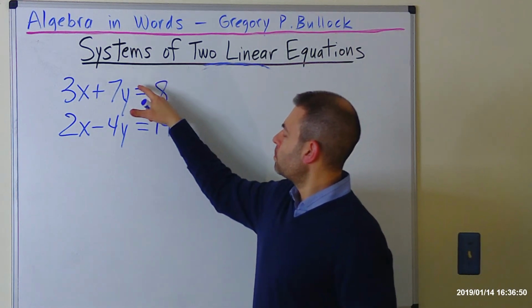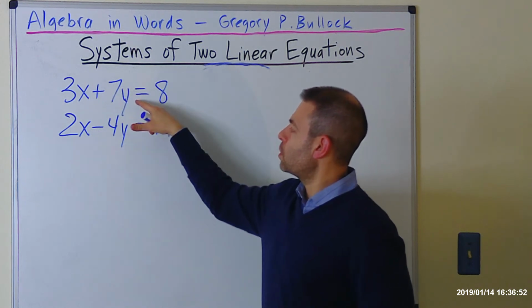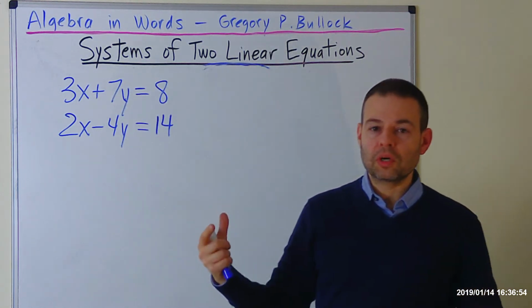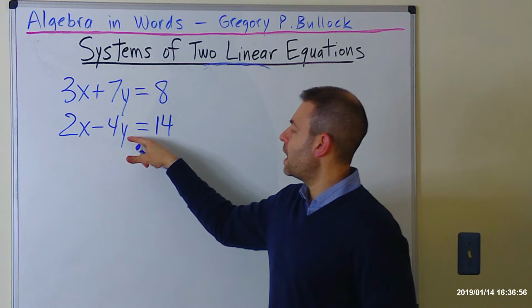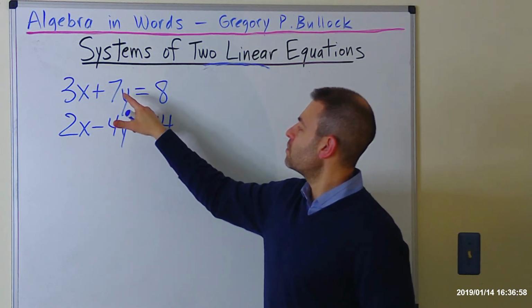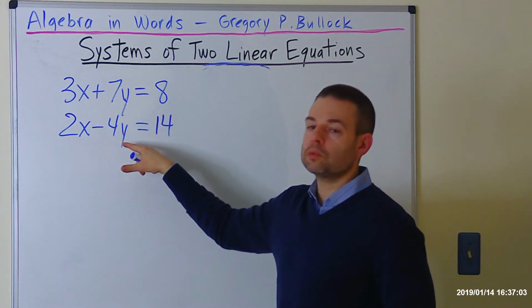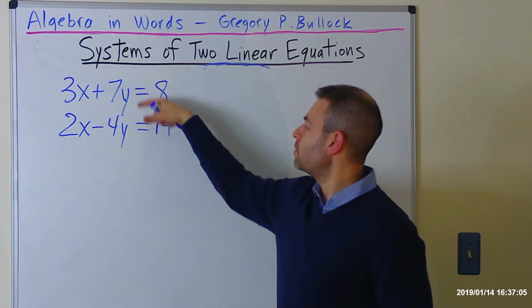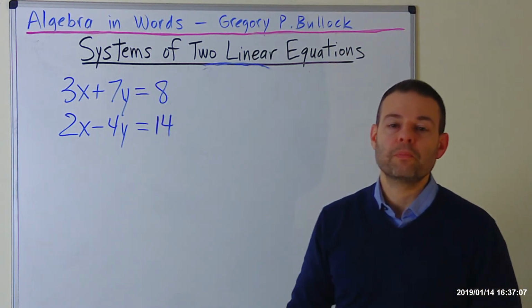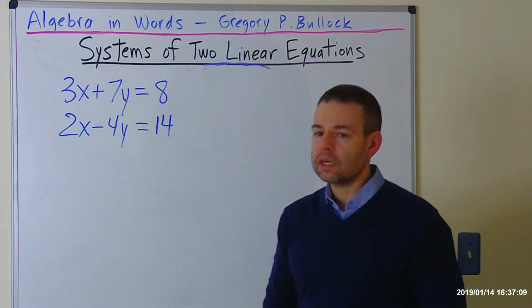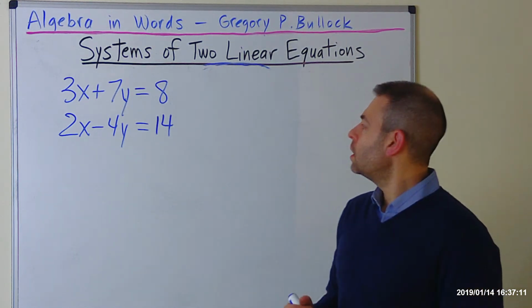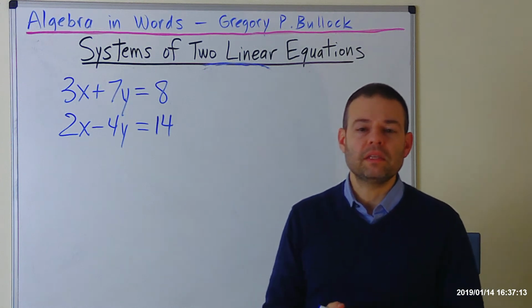So we would multiply the top equation by 4, and the bottom equation by 7, because 4 times 7 would make positive 28, and 7 times negative 4 would make negative 28, and then these y terms would cancel to 0. All right? Again, randomly choosing, I'm going to eliminate the x terms.